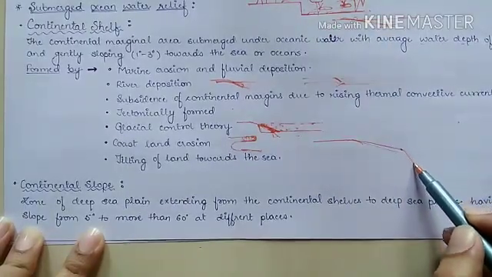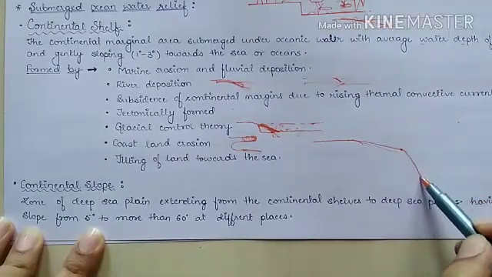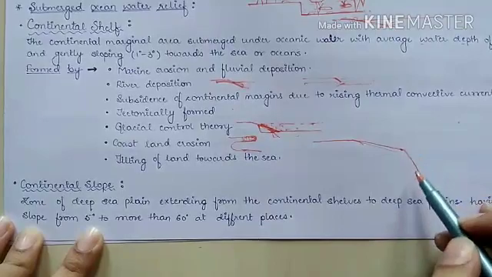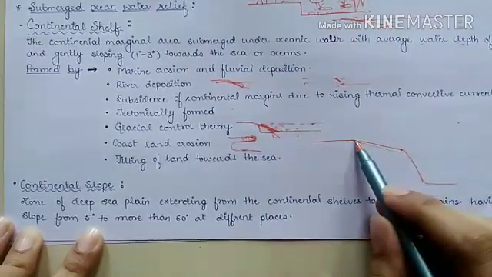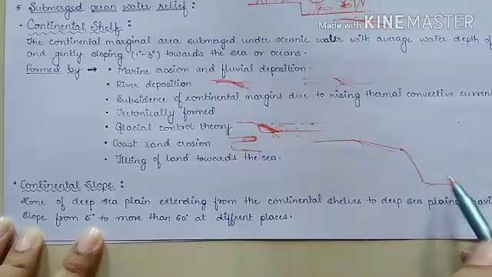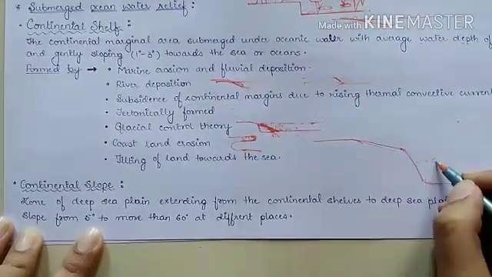So this will have a steeper slope as compared to the continental shelf. This area between the continental shelf and the deep sea plain is known as continental slope.